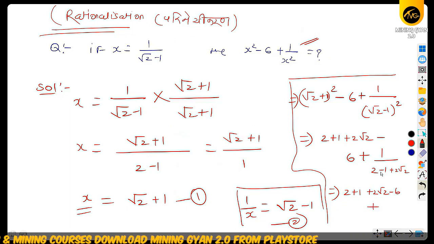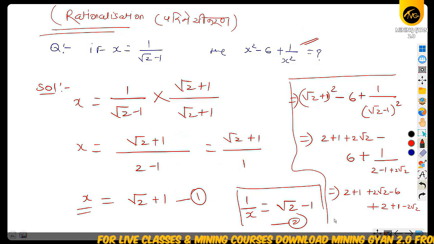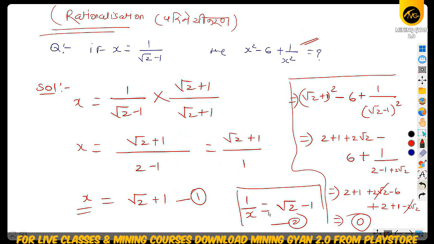Now if you invert the value of 1 divided by 2 minus 1 plus 2 root 2, then you can write down plus 2 and plus 1 and minus 2 root 2. Clear? Then just cancel out the 2 root 2 value, and it will be 0. Correct, 0 is the answer.